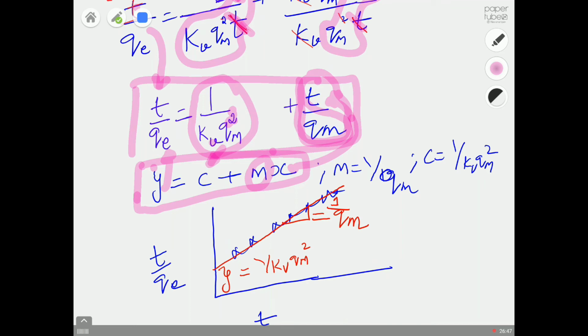So what we get is, if we plot T by q, which is your y, and your x is nothing but T, you will get some data like this. All you need is to draw the best fit line, and from the best fit line, according to this equation, so I wrote it here.